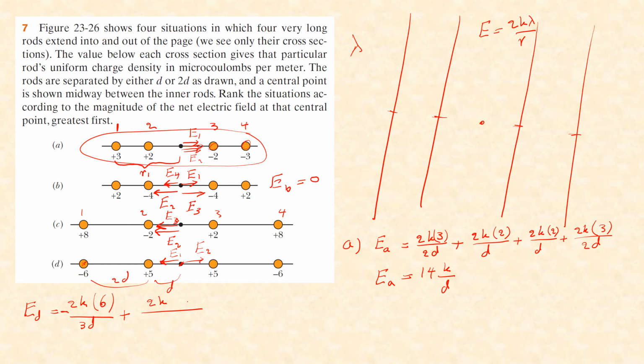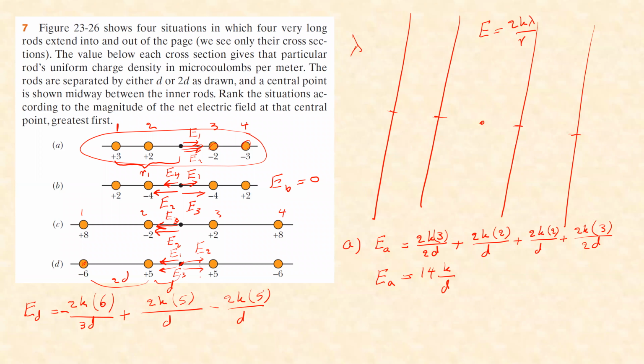What is the value? 2K and lambda, which is 5, divided by D. And then the 3 is positive, becomes this way, E3. So it's negative 2K 5 over D. For the last one, it is negative, so it is toward it.